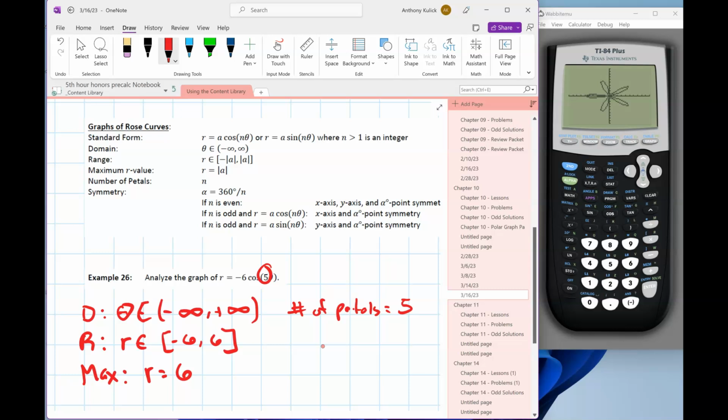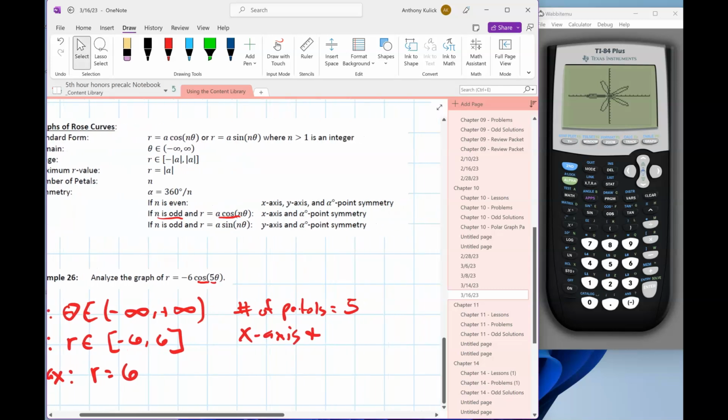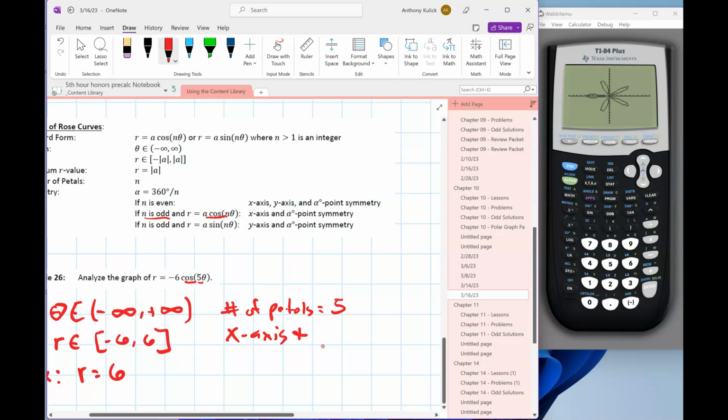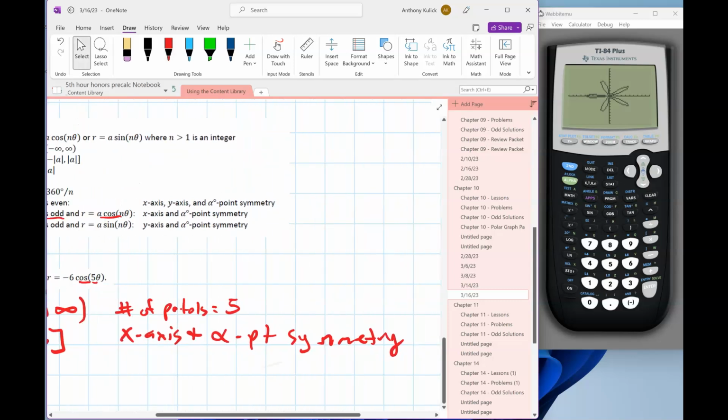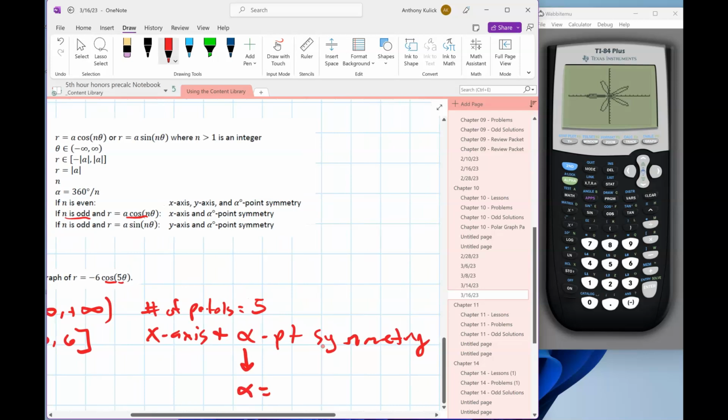And then the symmetries. What kind of symmetry do I have here? Well, I have n is odd, and I have a cosine function. So I should have x-axis and alpha point. What is the alpha point, though? How am I going to find that alpha?